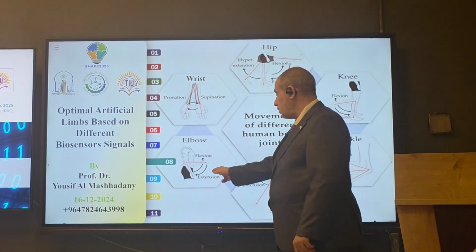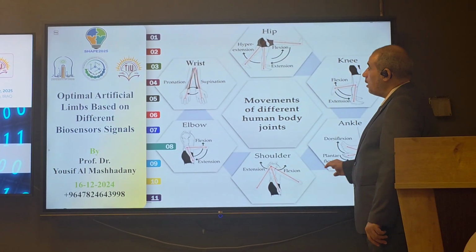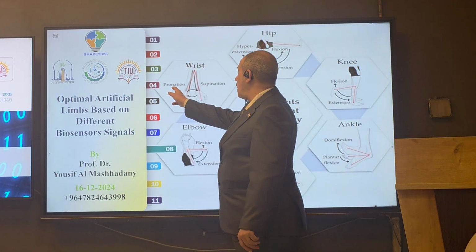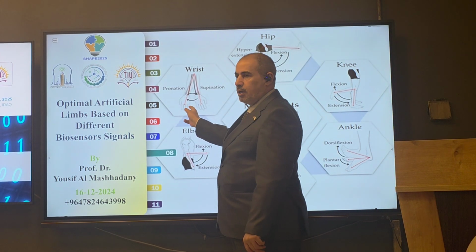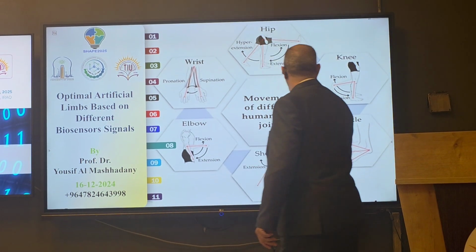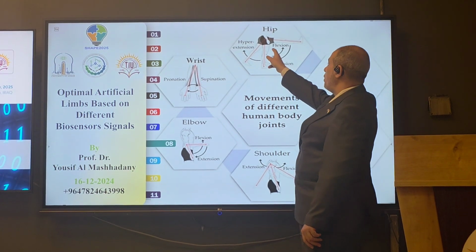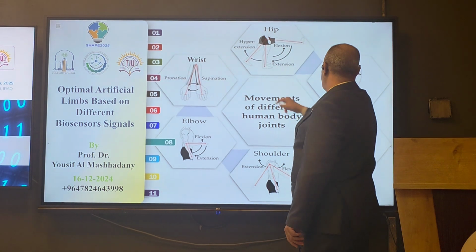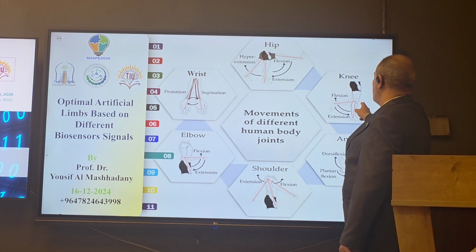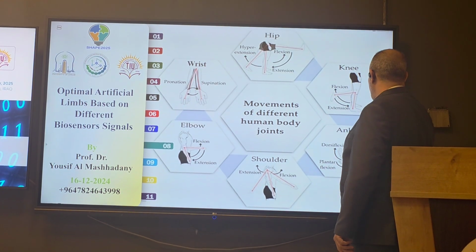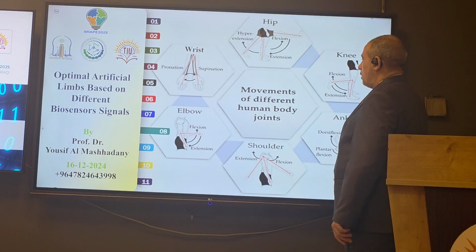The elbow joint has extension and flexion movement, and the wrist joint has 2 movements. Also, the lower limb has the hip joint, flexion and extension movement, and the knee joint, flexion and extension, and the ankle joint also has 2 movements.